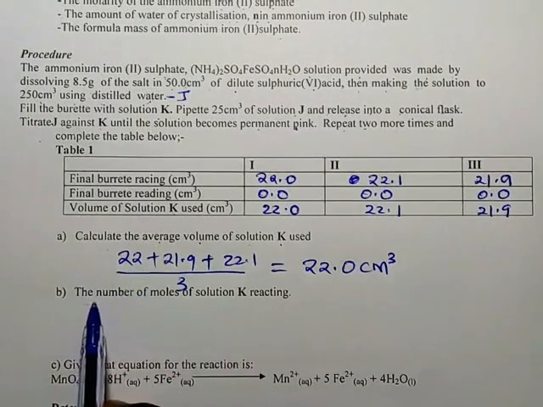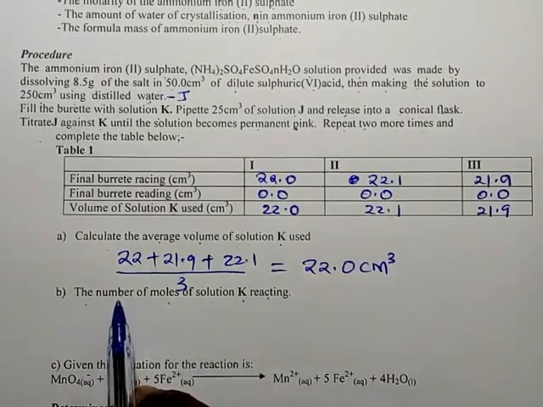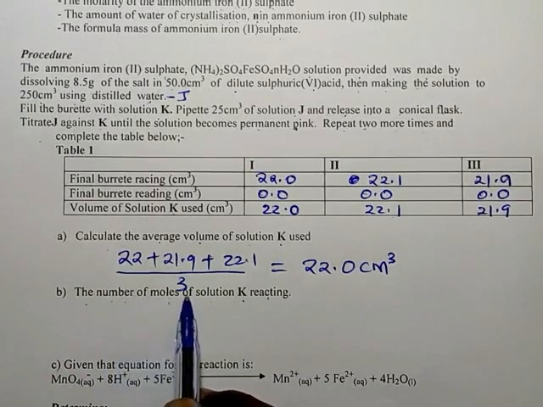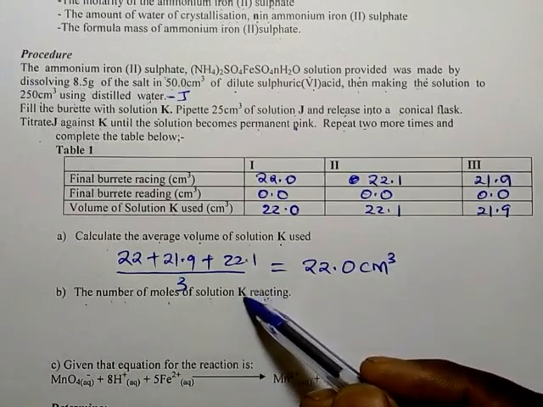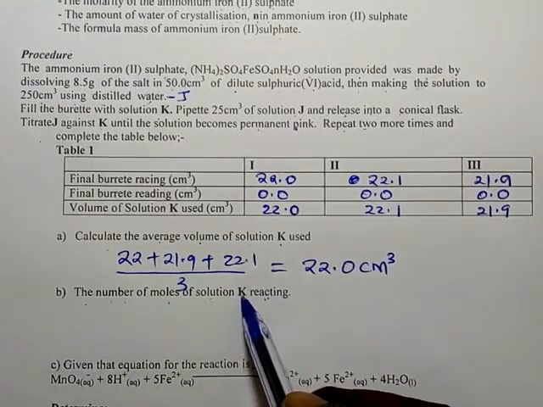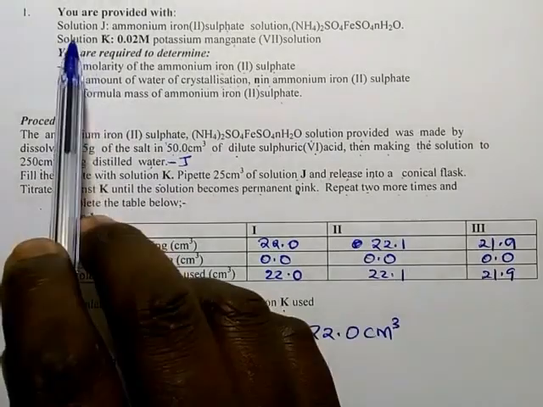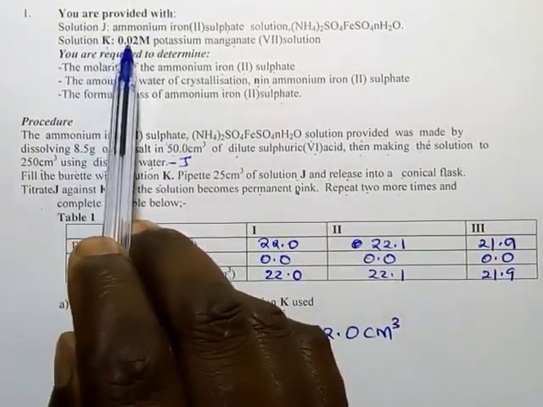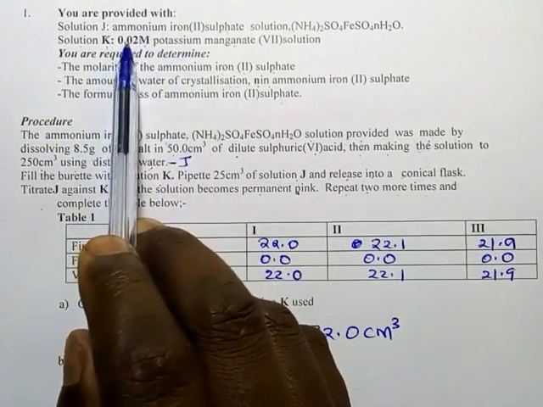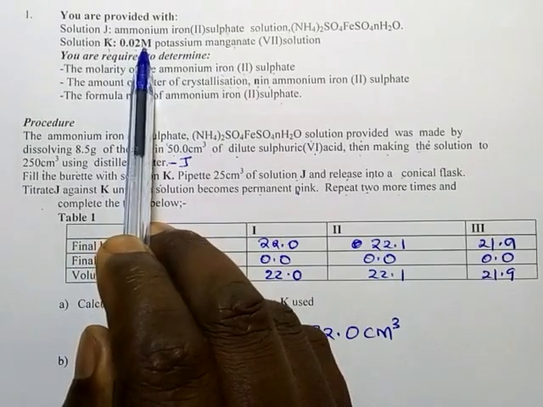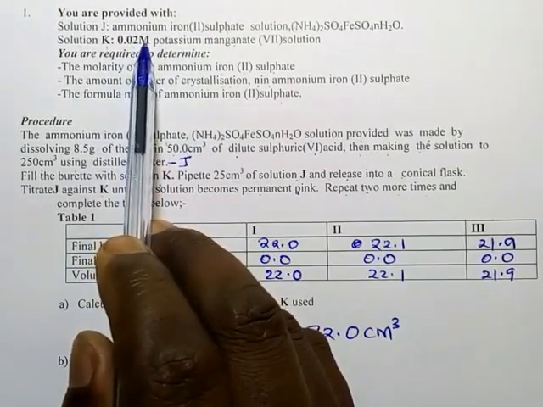Calculate the number of moles of solution K reacting. Also, you need to understand how to be aware of solution K. So when you forget, you go back. Solution K is 0.02 molar potassium permanganate, meaning that 0.02 is the number of moles in 1 liter. 1 liter is equal to 1,000 centimeters cube.